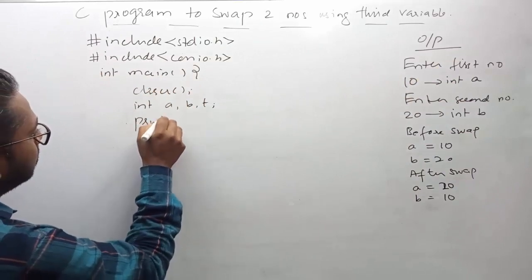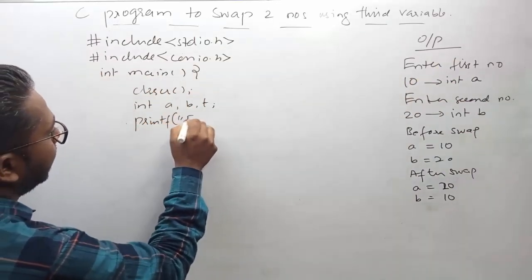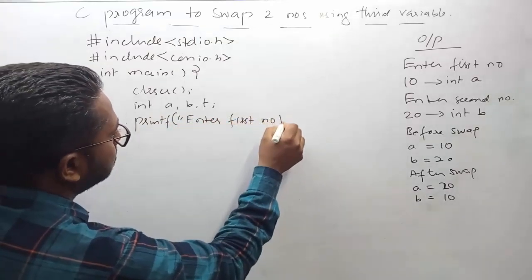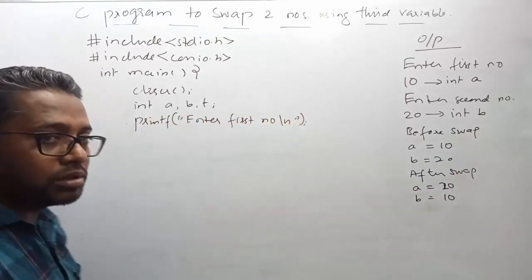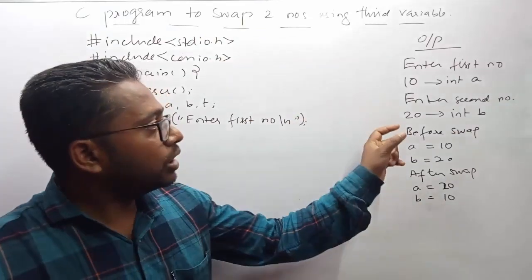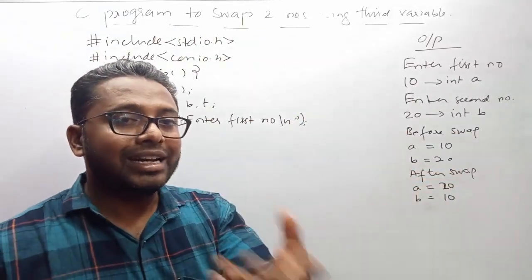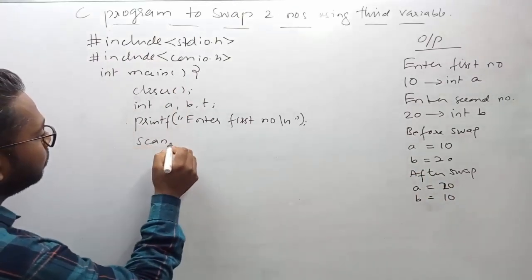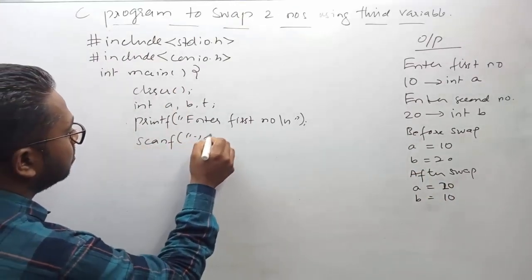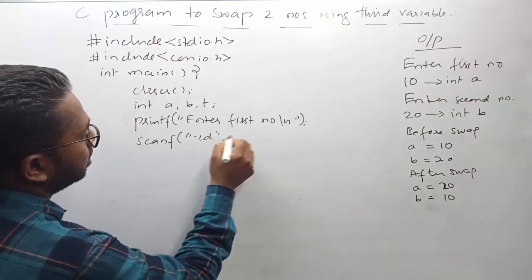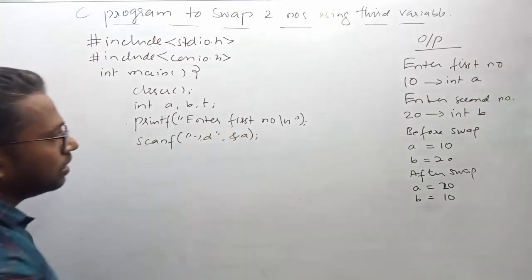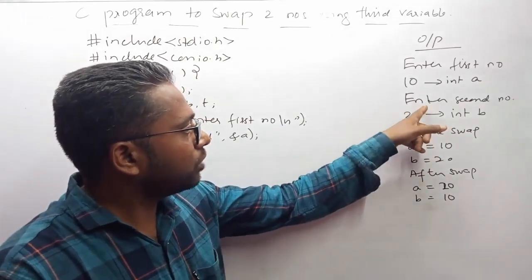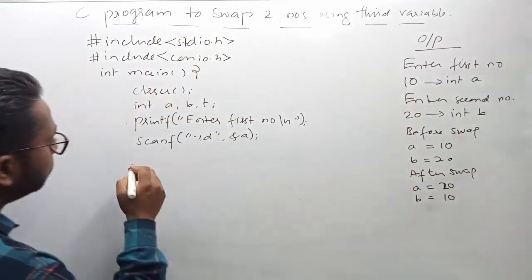Printf enter first number. Then the user will enter the value 10, and I need to read that value from the keyboard. To read the value from the keyboard, we have an input function, scanf, %d, comma, &a.